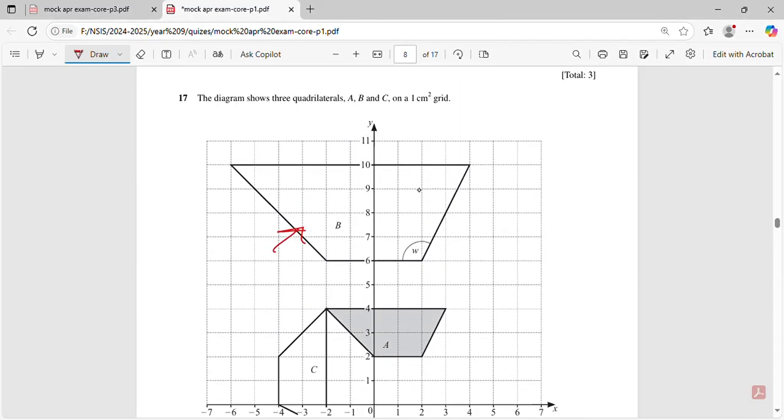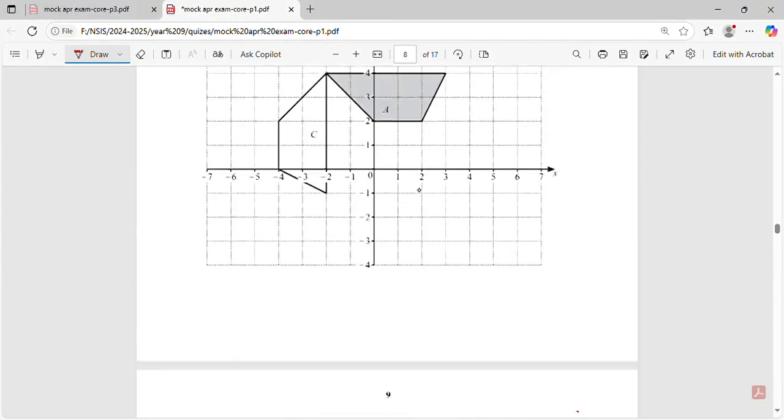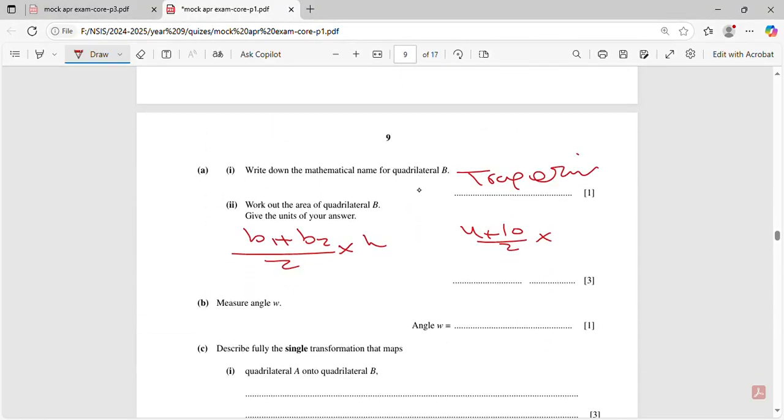So P1 here, I can note that it equals 4. P2 starting from 4 and ending at 6 is 10, and the height here is 4, so it will be 4 plus 10 divided by 2 multiplied by the height, which is 4 also, so it will be 28. This is the area.